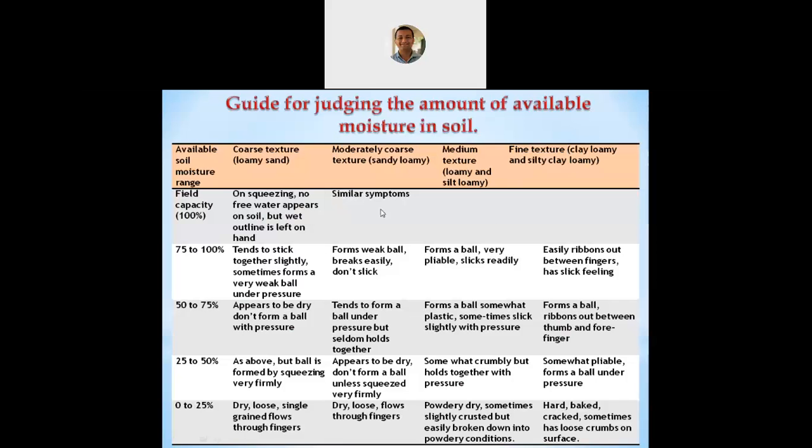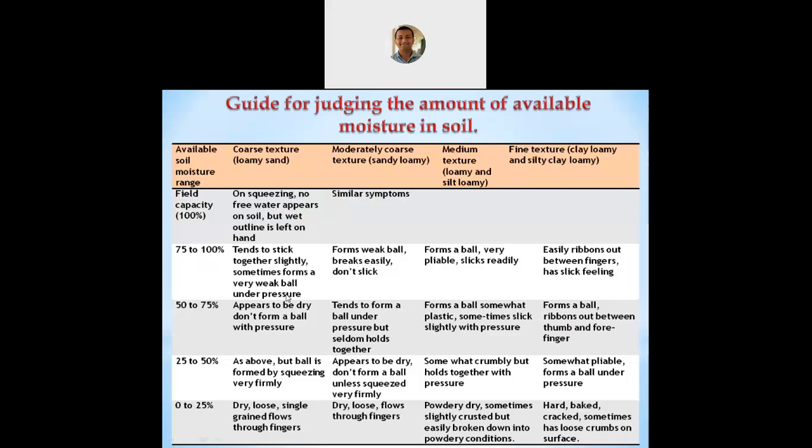For example, for a coarse textured soil at field capacity, on squeezing no free water appears in the soil but a wet outline is left on the hand. This is also similar for other textured soils. But at 75 to 100% of field capacity, in the case of a coarse textured soil, it tends to stick together slightly, and sometimes forms a very weak ball under pressure.